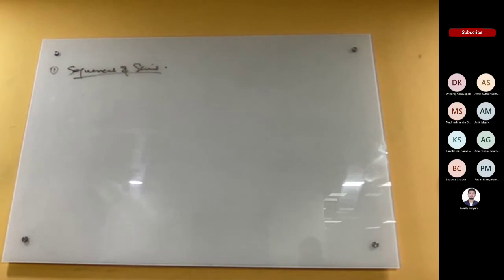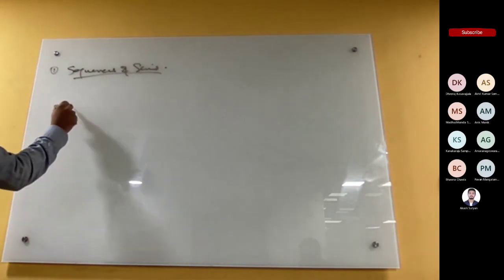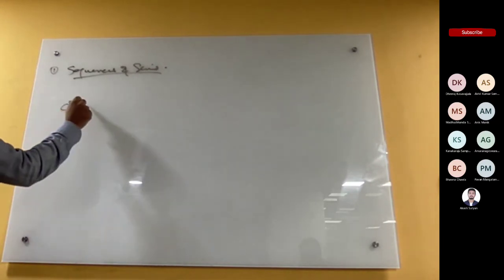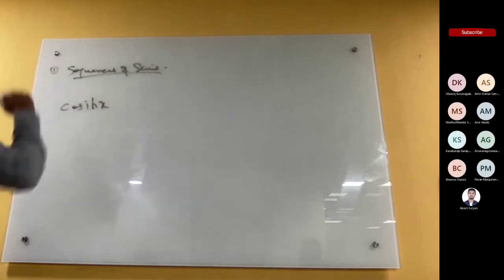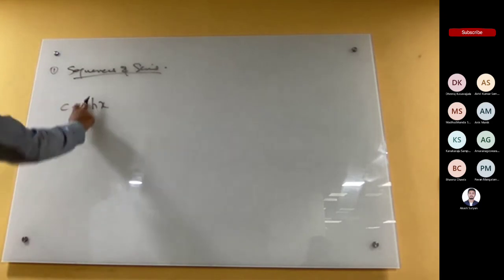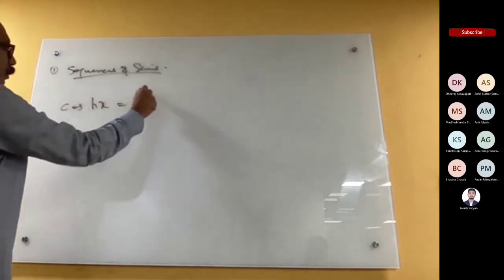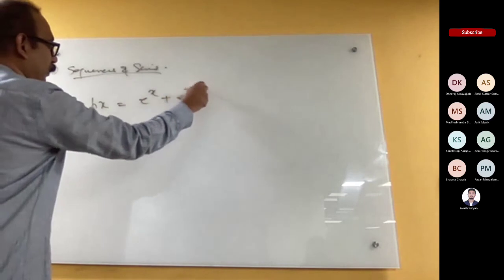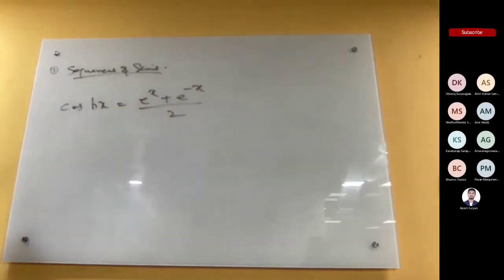So, for example, cos ih x, or cosh x, right? How is cosh x defined? First forget i. It is e power x plus e power minus x, divided by 2. Correct?